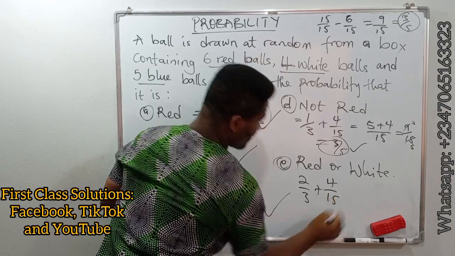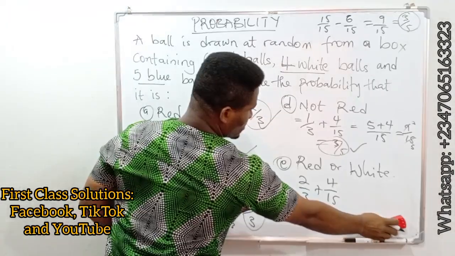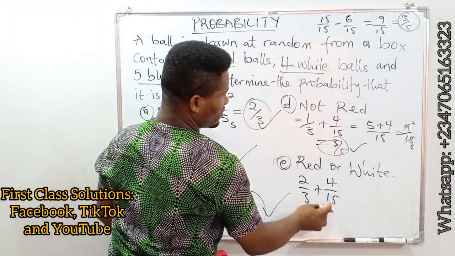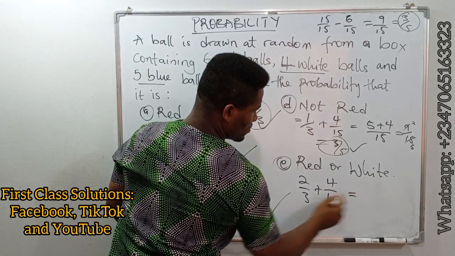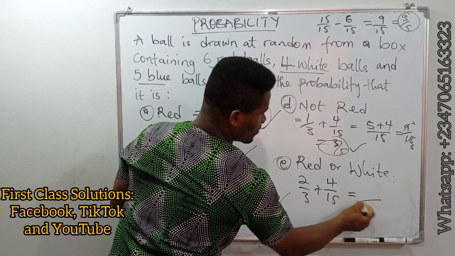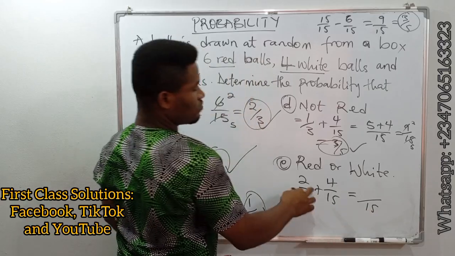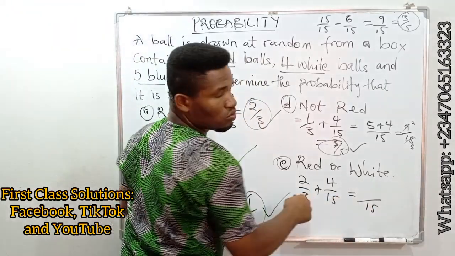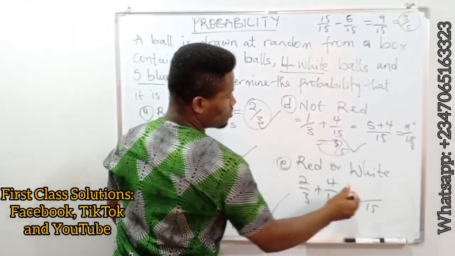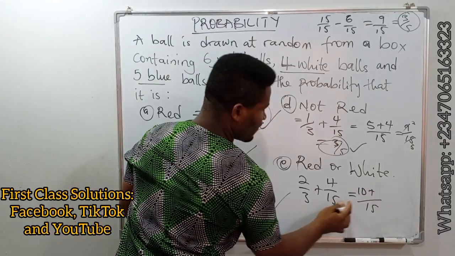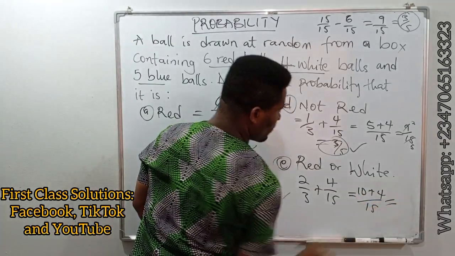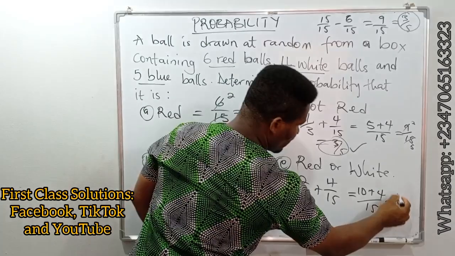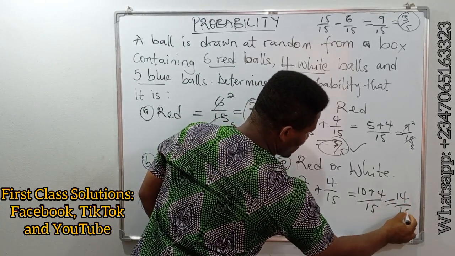When you sum these two probabilities, the LCM is 15. So 3 into 15 gives 5, and 5 times 2 gives 10. Plus 15 into 15 gives 1, and 1 times 4 gives 4. So your probability of red or white is 14 over 15.